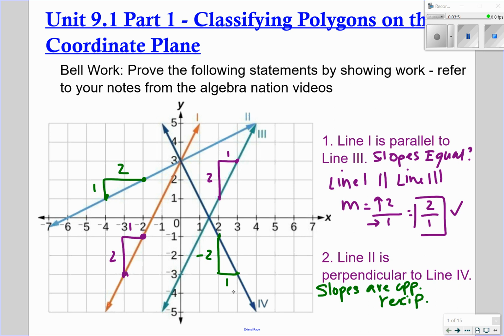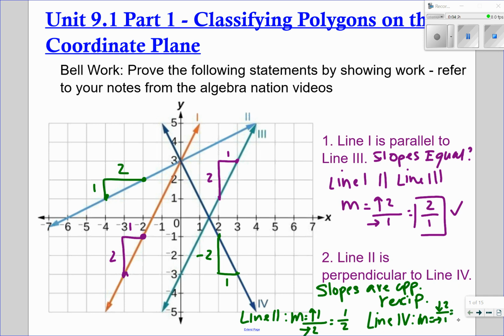So if we look at our slopes here for line 2, our slope is up 1 over 2. So our slope is 1/2. For line 4, our slope is down 2 over 1, which gives us a -2 over 1.